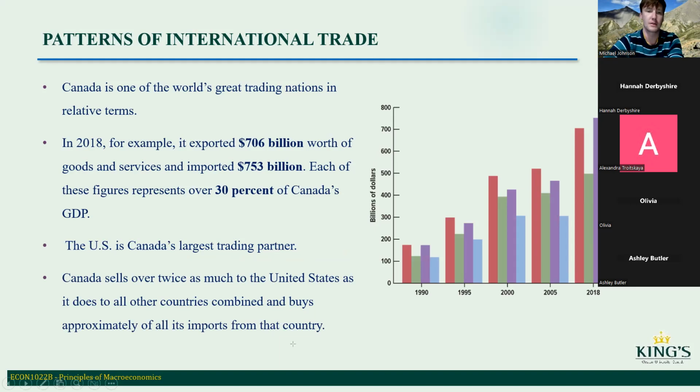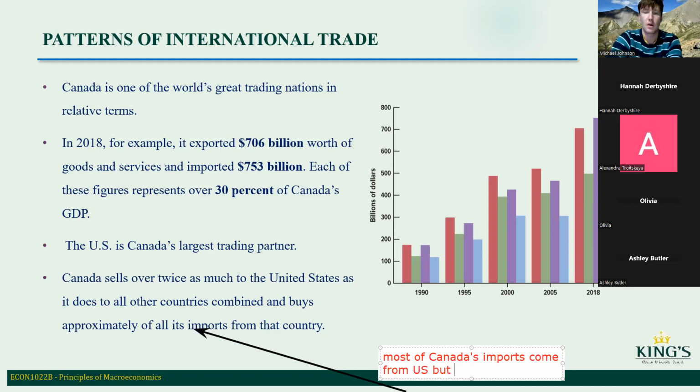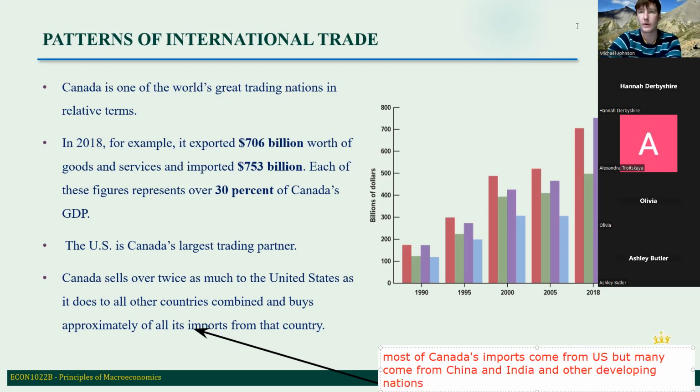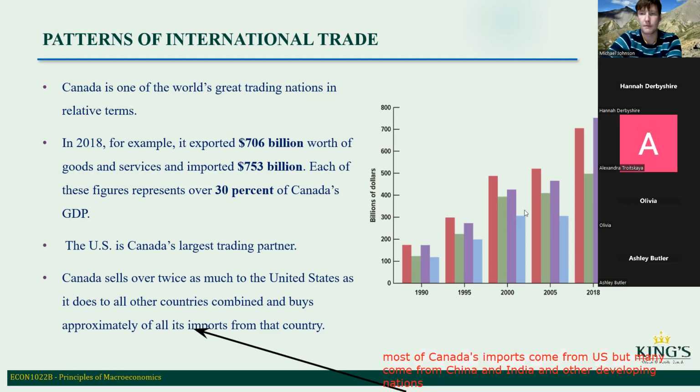Most of Canada's imports come from the US, but many come from China, India, and other developing nations. So it's usually developing nations that we get our imports from. I just had to correct that there. I'll put this in the chat here.